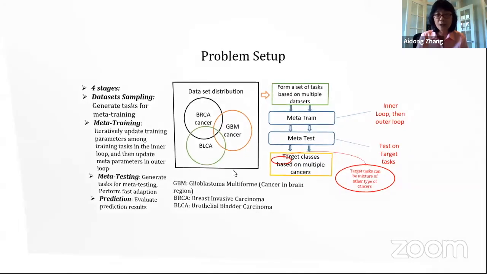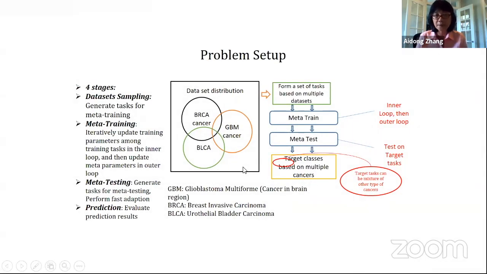So it's a kind of knowledge transfer, if you want to think about transfer learning. So the steps in this process using meta-learning are: you have sampling, and you have meta training with each small task and for each cancer, and you have inner training and meta training, and then make a prediction.